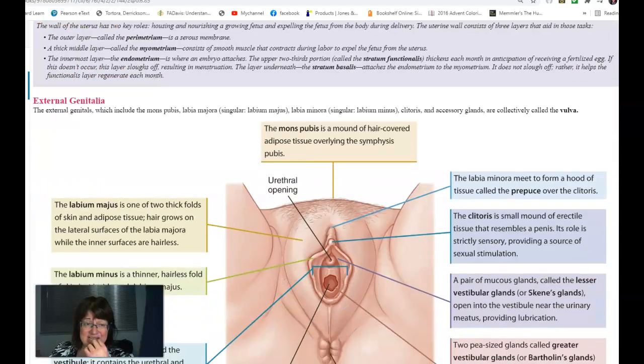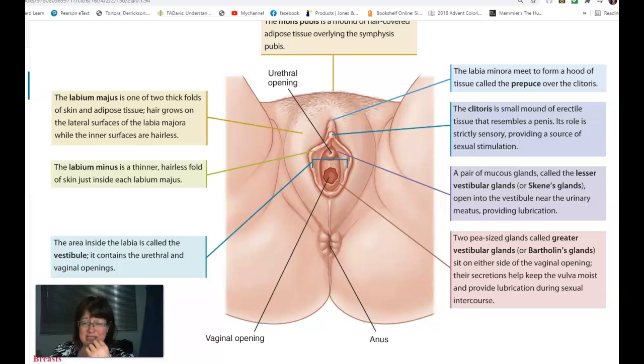The external genitalia, and I'm sorry, this is not the prettiest. It's kind of a stark picture, but I want you to realize that unlike males that only have 2 openings outside the body, the female has 3. And there's also the clitoris at the front, which provides sexual stimulation.